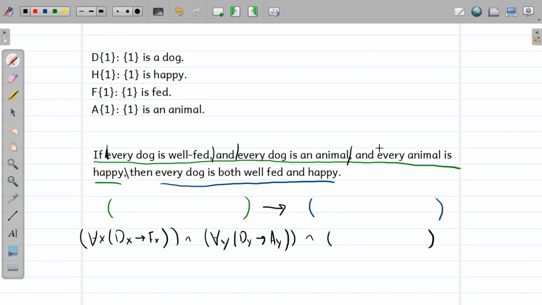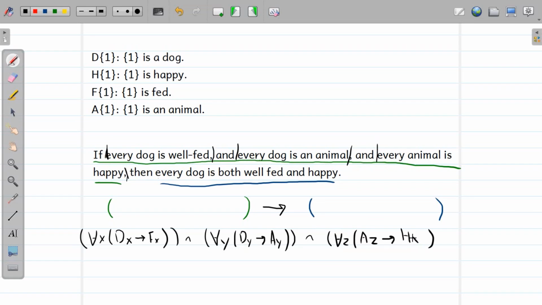OK, now every animal is happy. This bit, again, every is going to be universal. For all z, if it's an animal, our topic is animals, so we put that in the antecedent. And we're saying about that topic that they are happy.